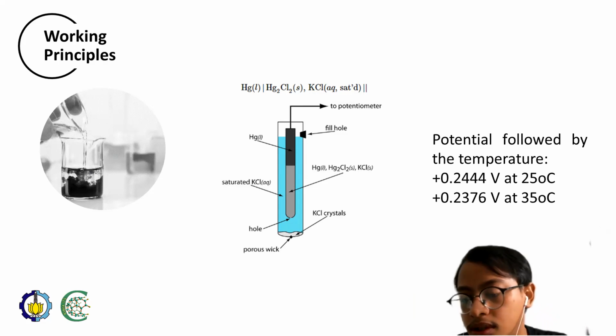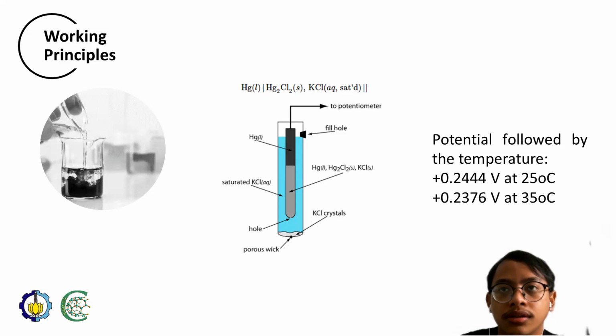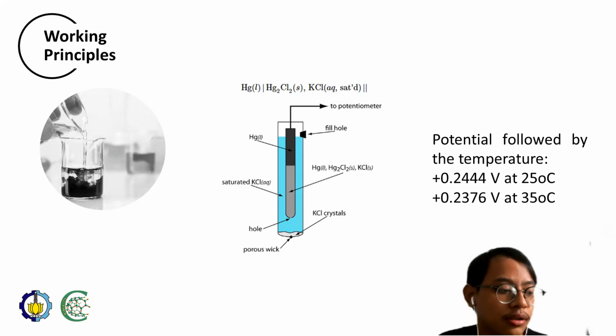We know from the research that at 25 degrees Celsius, we got 0.244, but at 35 degrees Celsius, we got a potential of 0.237 volt. So basically, this is a disadvantage of this system that we need to worry about. That is the working principle of the SCE that we discuss.